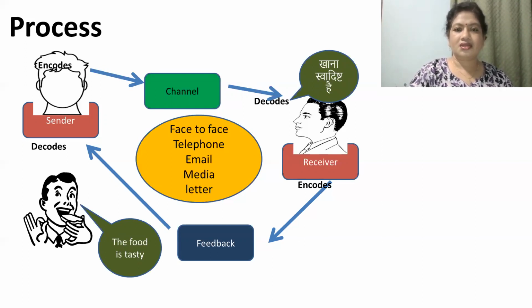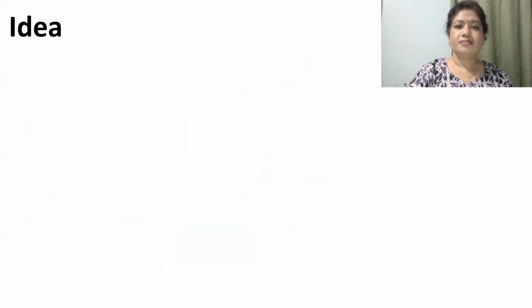So whatever the sender said and whatever the receiver received, both messages are correct. So there is no noise in between; both of them have understood. The noise can be physical noise or internal noise, internal or external noise. So that is what noise is.